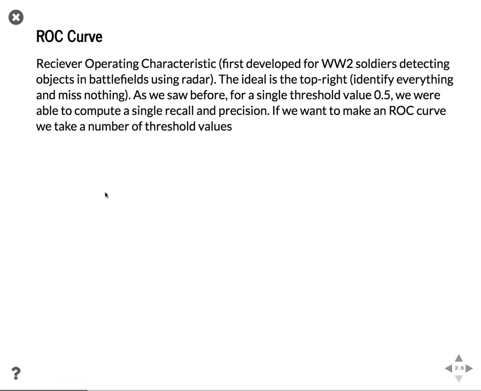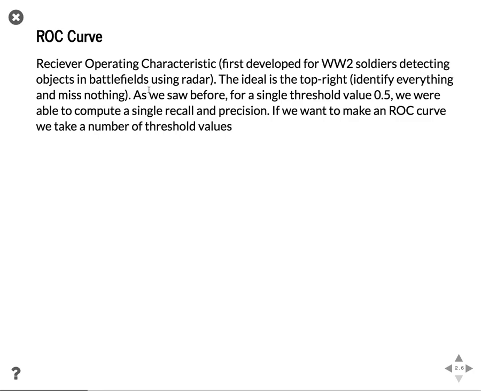So the ROC curve, which is one of the things I mentioned at the very beginning, is called the receiver operator curve. It was invented during World War II with soldiers detecting objects in the battlefield using radar. If you can imagine, going back to the 40s, you had this brand new radar technology where you had a screen with a bunch of spots on it, and lots of noise in your system, lots of manually built amplifiers, lots of birds or clouds or things coming around.